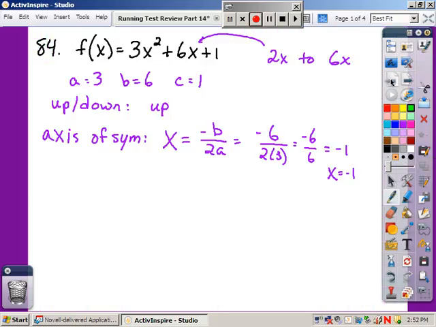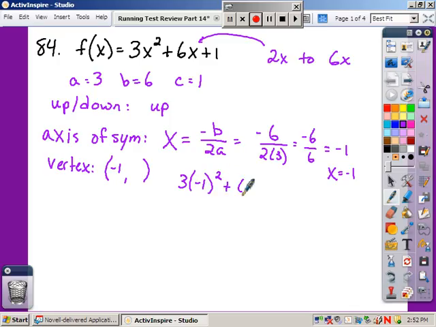So now I have to go back and work on the next step. The next one is to get the vertex. The vertex starts out as a coordinate point, and the x value you already know from the previous step. To get the y value, you have to take your x and go back to the original equation and substitute it in.